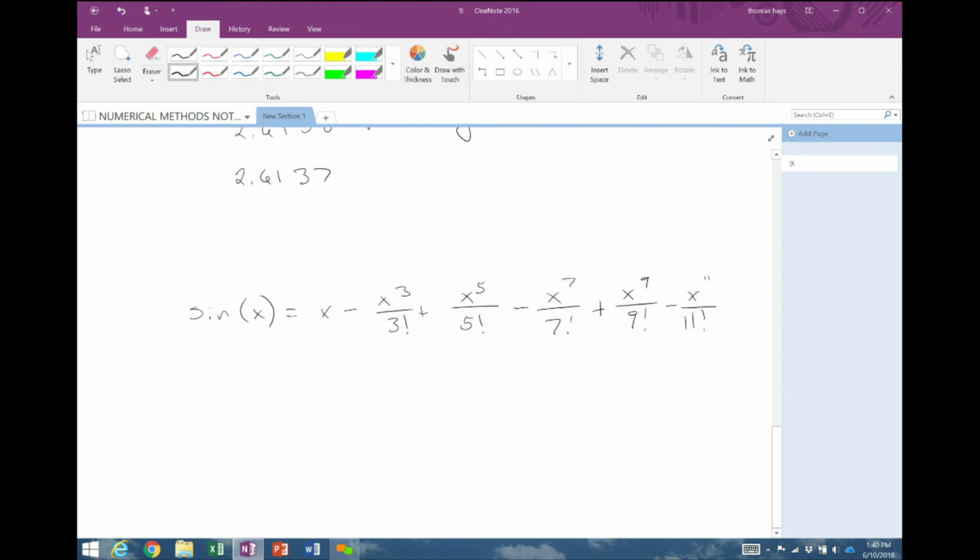In this case, we have 1, 2, 3, 4, 5, 6 different terms for the expansion of sine x. This should be a fairly accurate solution. Of course, if you had 7, it would be better. If you had 10 terms, it would be even better than 7. If you had 1,000 terms, it would be better than 10. But what's the limit? What's good enough?